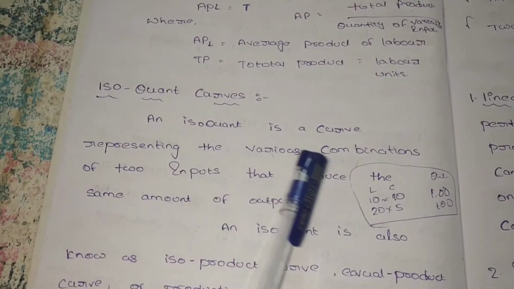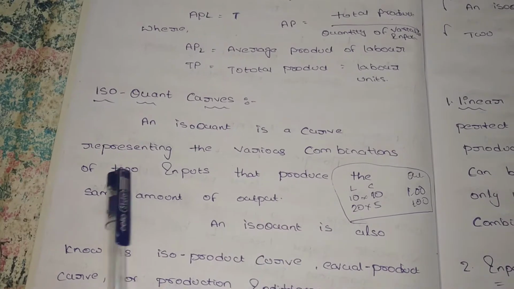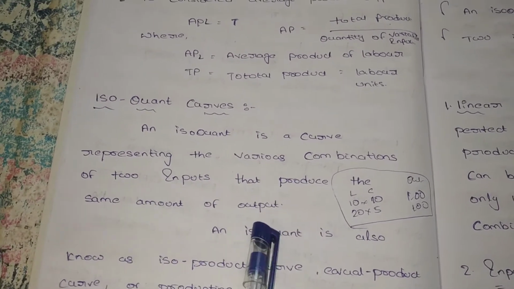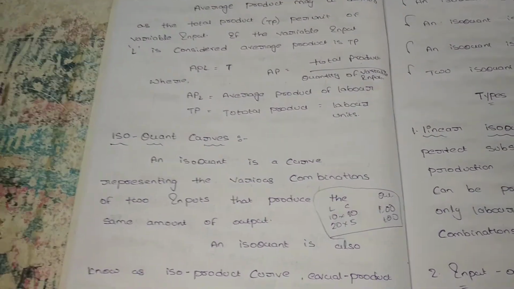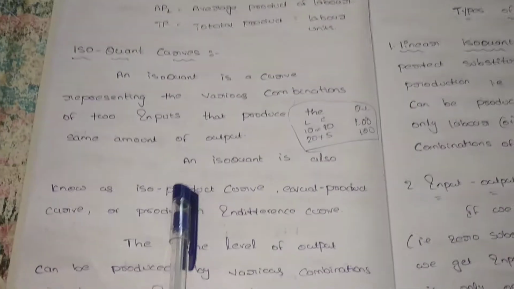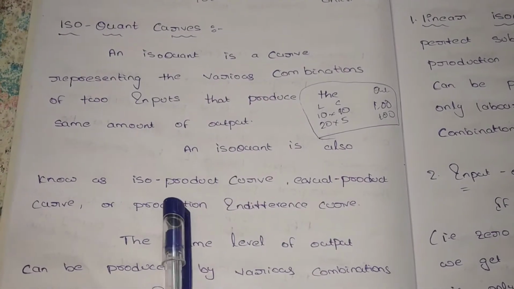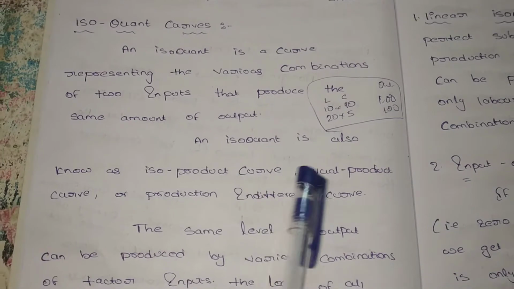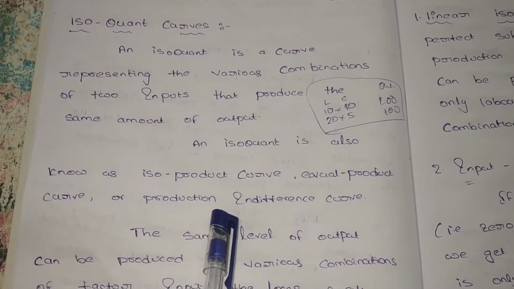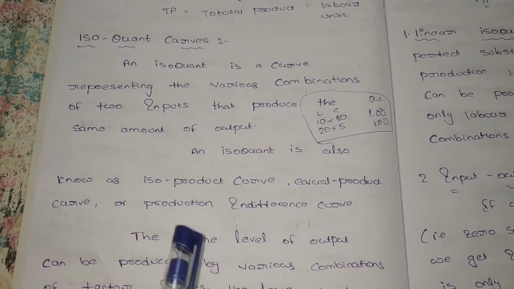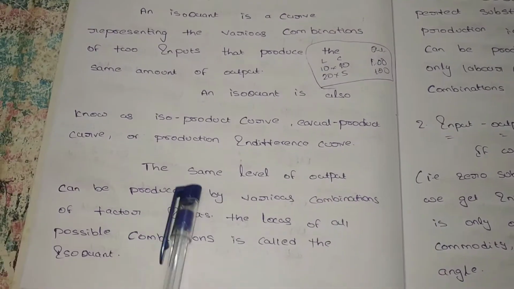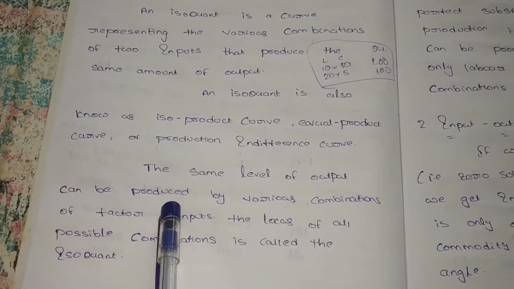An isoquant is a curve that represents the various combinations of two inputs that produce the same amount of output. I already discussed this by drawing a diagram also. An isoquant is also known as an iso-product curve, equal product curve, or product indifference curve. These are the names of the isoquant curve.